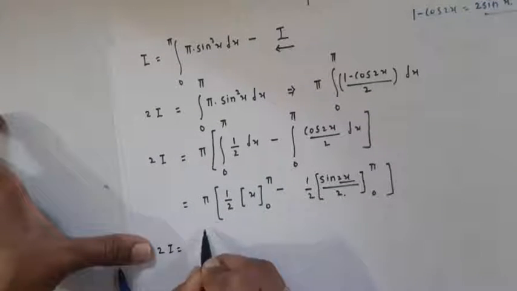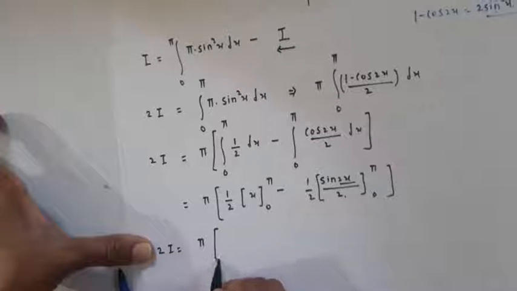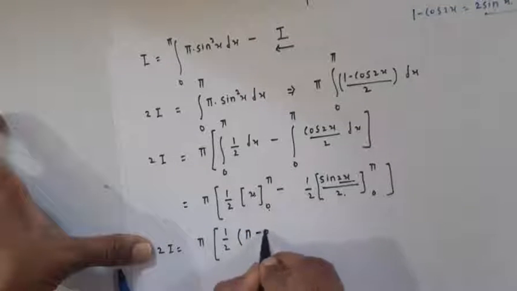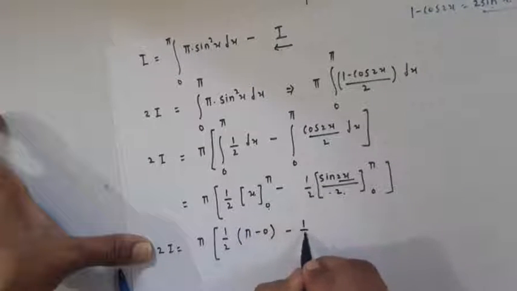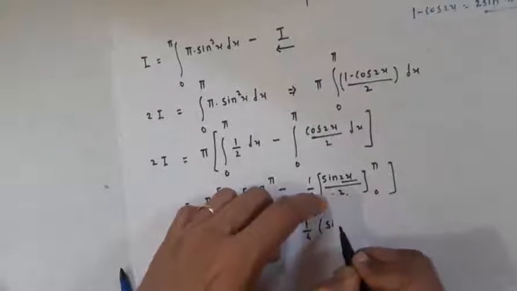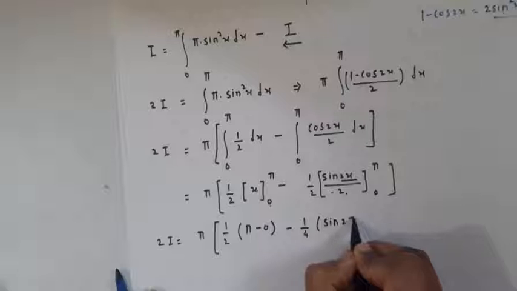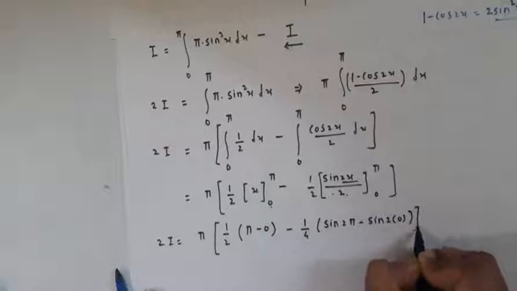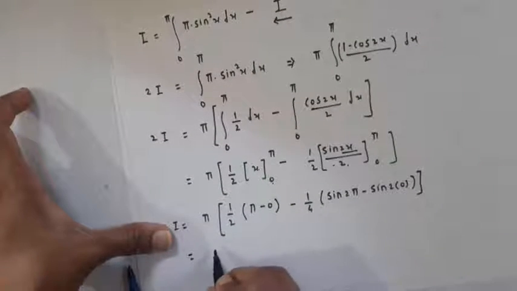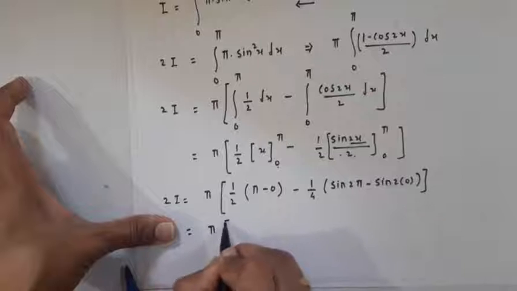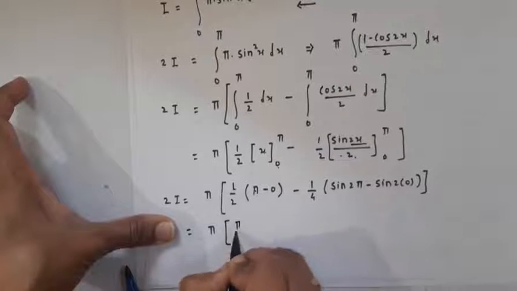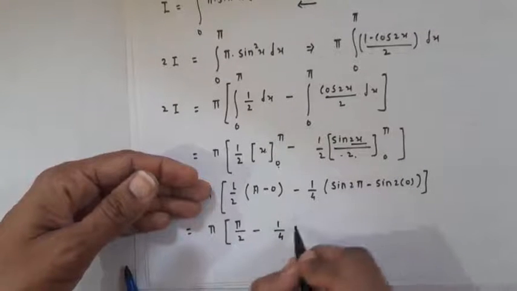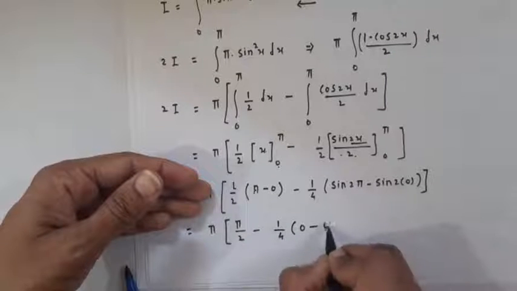Now 2I equals pi, with 1 by 2 as a constant, x is pi, upper limit minus lower limit, pi minus 0, minus 1 by 4 into sine of 2 pi minus sine of 2 into 0. So this is pi into pi by 2 minus 1 by 4, where sine of 2 pi is 0 and sine 0 is 0.